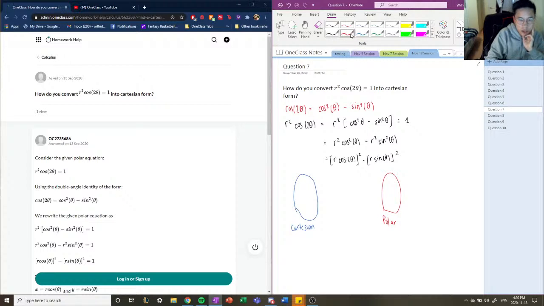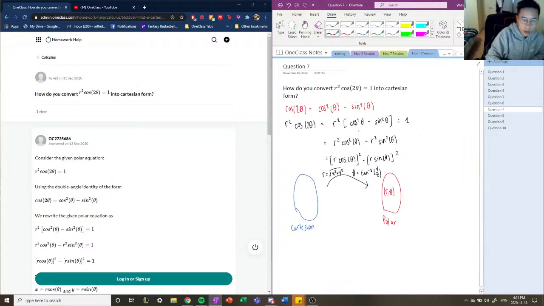So for the conversion from Cartesian to polar, we have to calculate r, which is the square root of x squared plus y squared, and our angle theta is the inverse tan of y over x, okay? These two formulas will help convert our x and y coordinates into polar coordinates r theta.